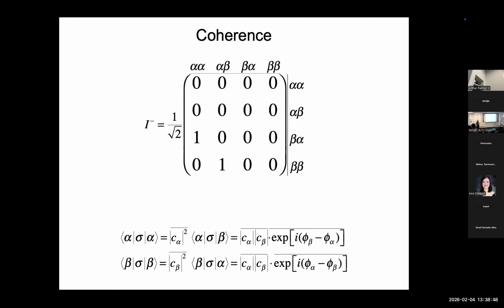And then I have another 1 there, and that links alpha beta to beta beta. And again, that's what I expect, I minus to take alpha to beta. So I think of then the matrix as representing a coherence linking those pairs of states.